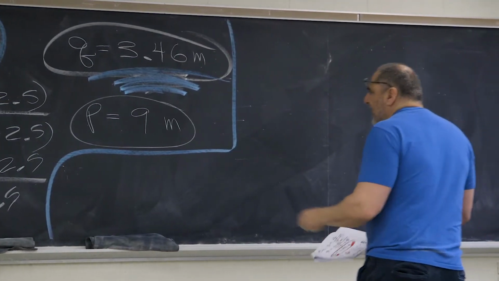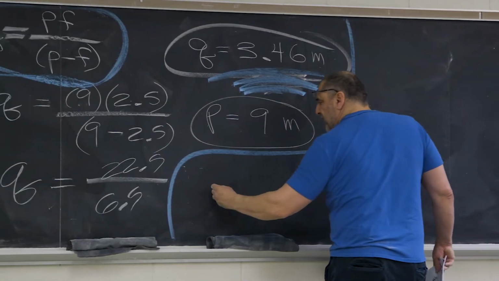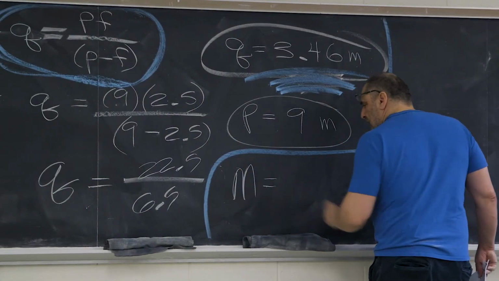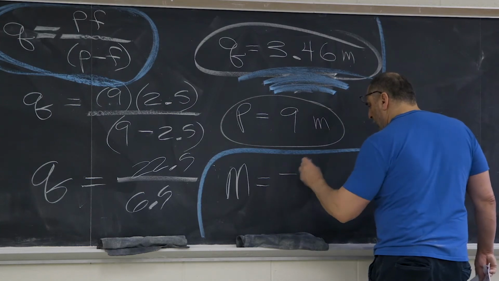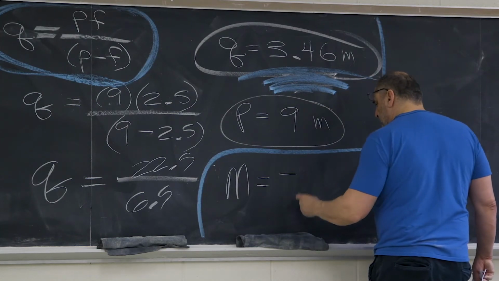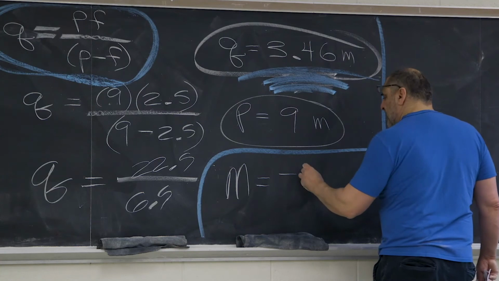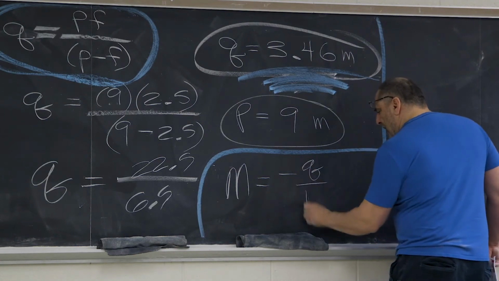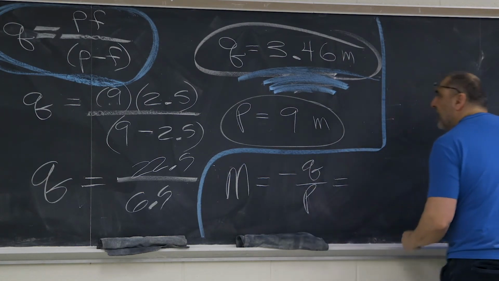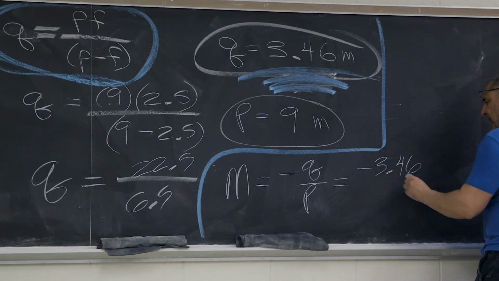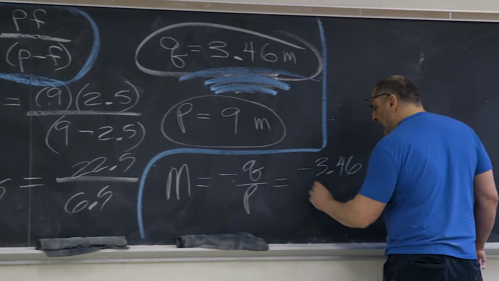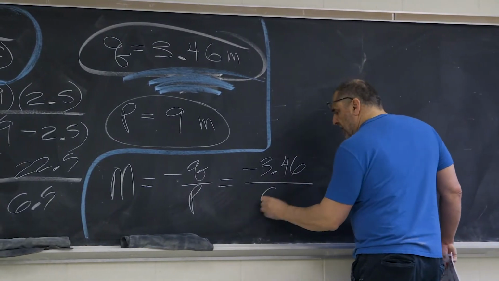The magnification, there's a reason I set them up like this, right next to each other. The magnification is image height over object height, or the opposite of image distance over object distance. Well, wait a minute. Image distance, we just discovered that, is 3.46. Put a negative in front of it, that's the formula. The other one's 9.